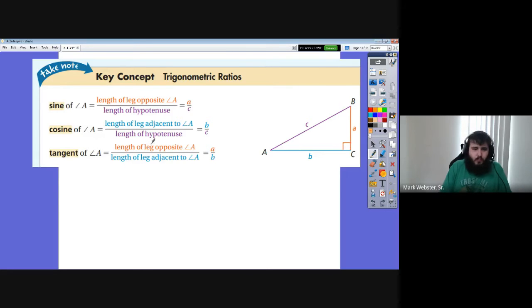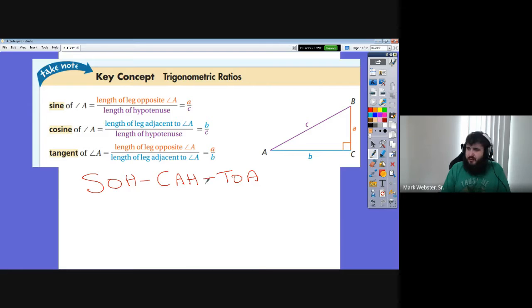So we call it SOHCAHTOA. What does that stand for? Sine equals opposite over hypotenuse.